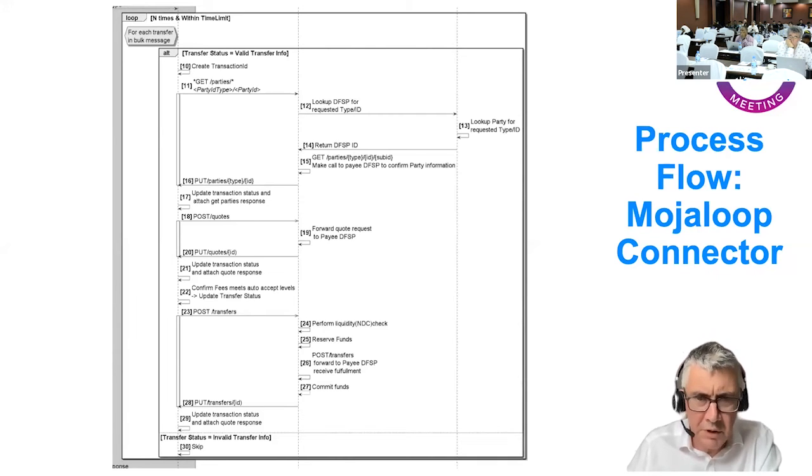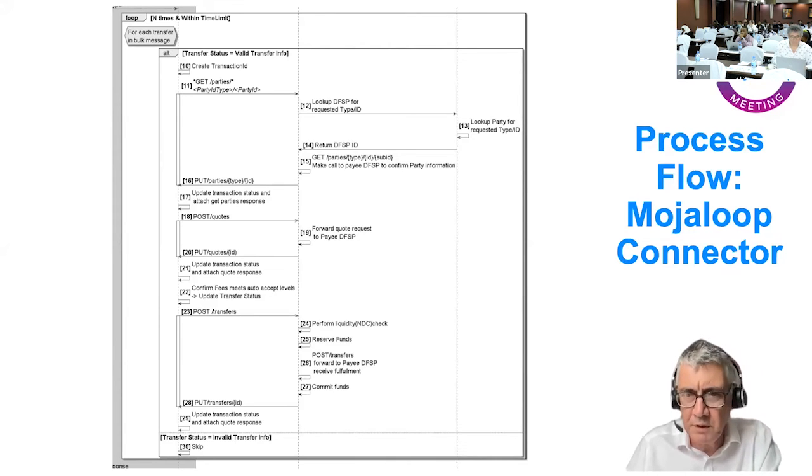And we perform the liquidity check, reserve the funds, post the transfers to the wallet, commit the funds, and return it to the Mojaloop connector. We then update the transaction status, attach the quote response. All of this stuff down here with the Mojaloop connector and the Oracle is business as usual. No changes are required.